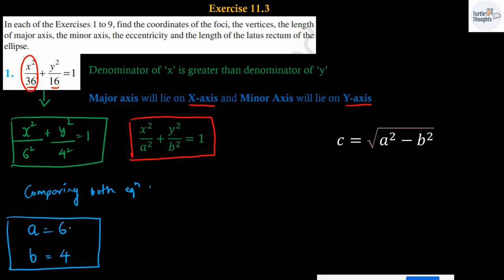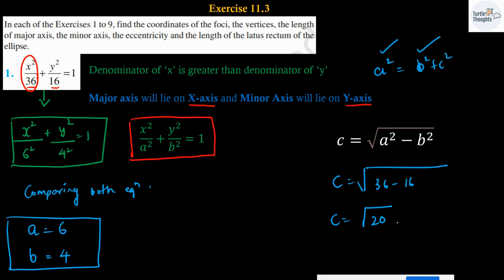Next, I need to find the value of c. I know the relation between a, b and c: a square is equal to b square plus c square. I know what a is, I know what b is, I need to find c. c can be written as root of a square minus b square. a square is 36, minus b square which is 16. c can be written as root of 20.